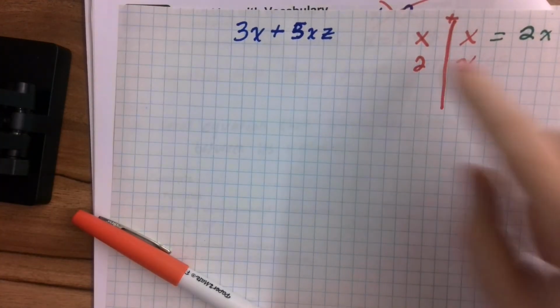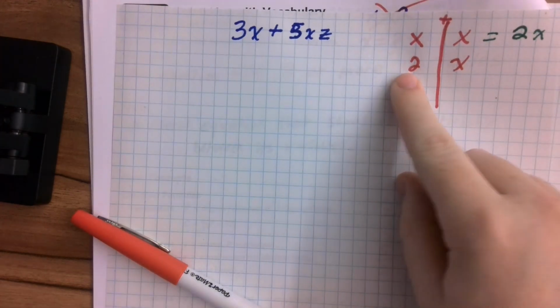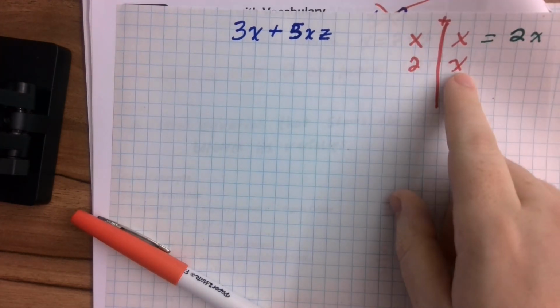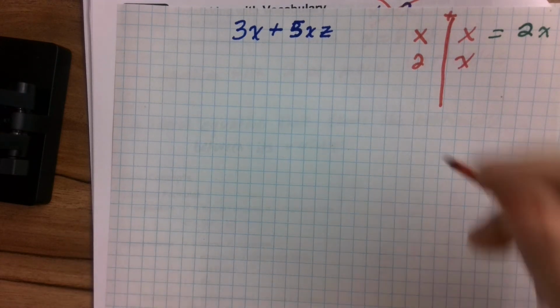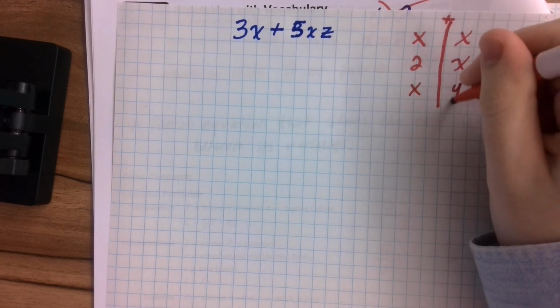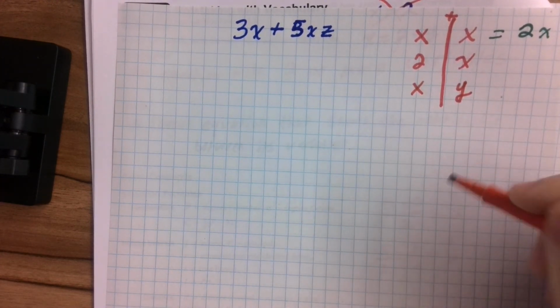The variables are not exactly the same. 2, you can think of as 2 tennis balls. X, you can think of as a soccer ball. 2 tennis balls plus a soccer ball does not make 3 tennis soccer balls. So we can't put those together. It's the same if I had an x and a y. They're 2 different variables, so you can't combine them.